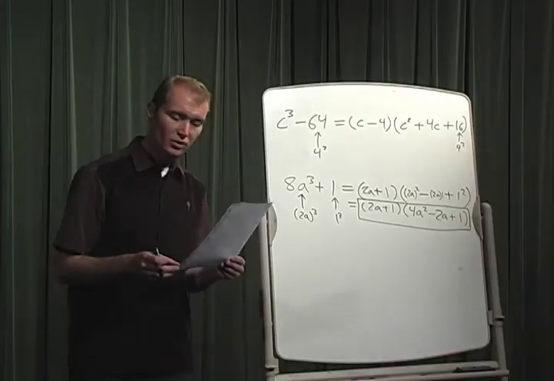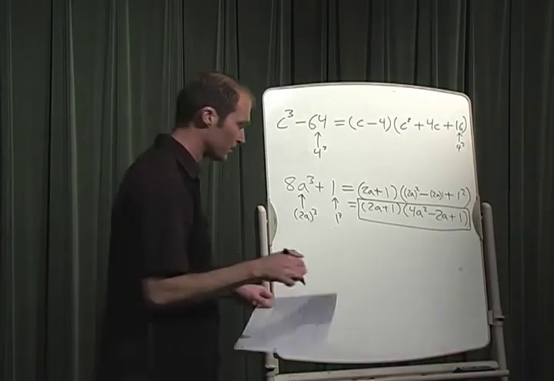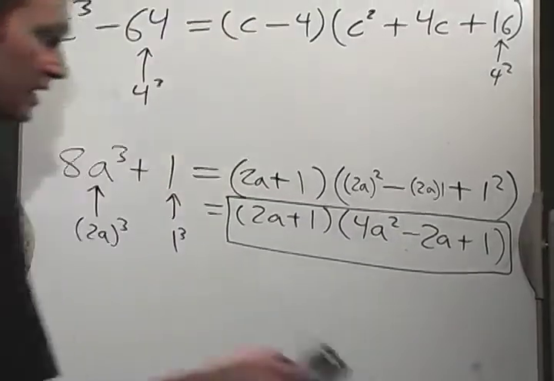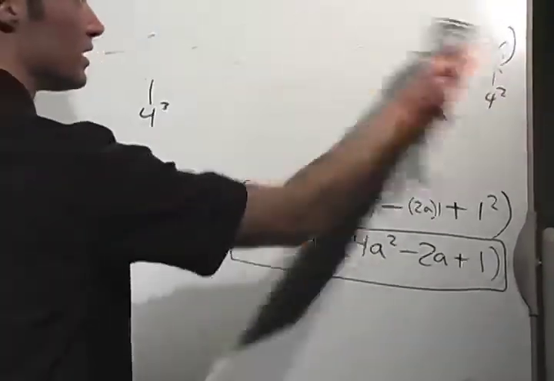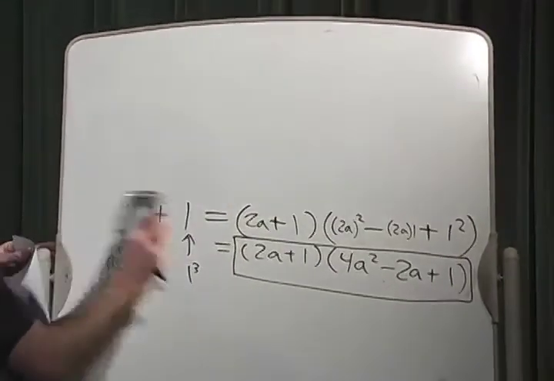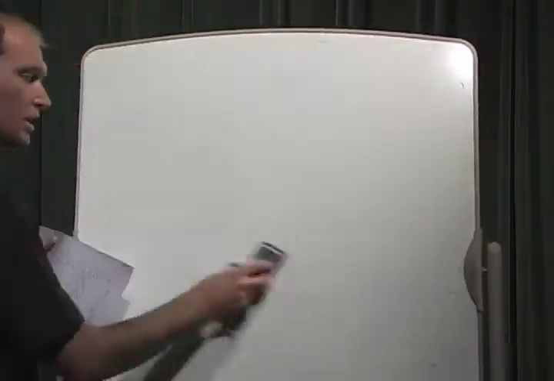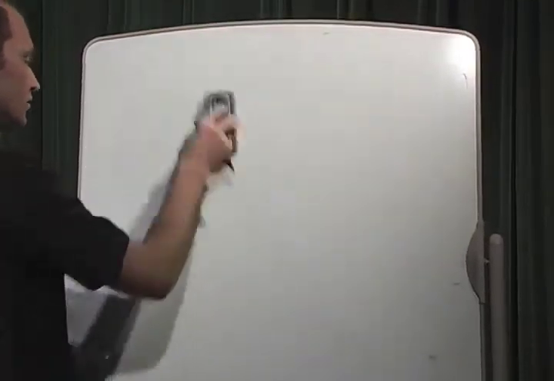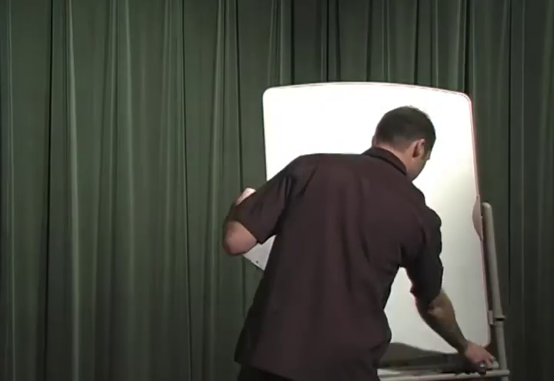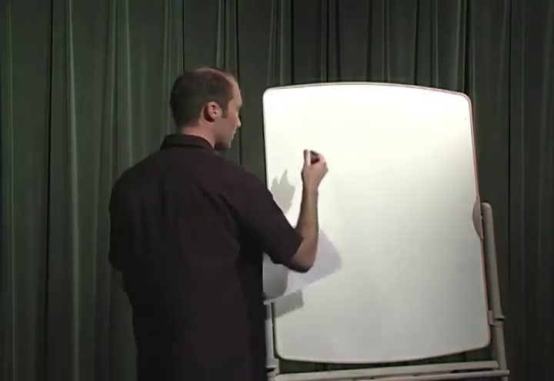Let me go ahead and do one final problem and clear off some board space so that I could have plenty of room to write. I want to do this because I think that many students would do this problem incorrectly, and I want you to be aware of it.